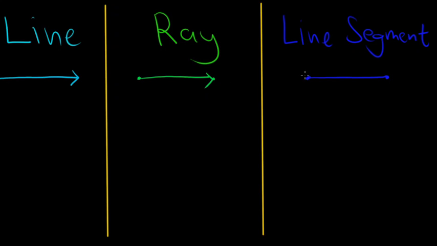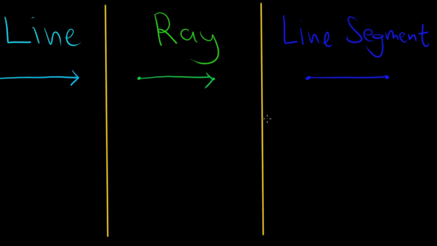And a line segment doesn't have any, which means that the series of points will only stay within this area. It's bounded, it's definite, unlike a line and a ray.